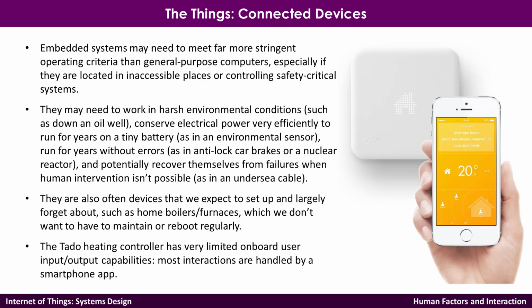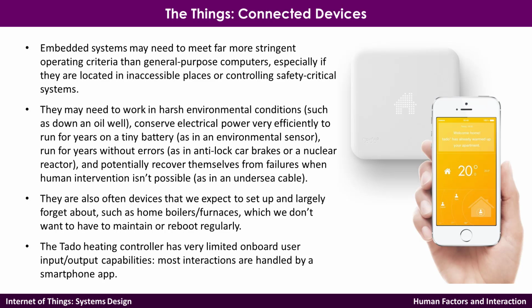It could be oil wells or electrical power grids, where you have a lot of heat or high humidity or other environmental factors. They may also need to operate on tiny batteries that cannot be charged or removed easily, so they have to run for a longer time.